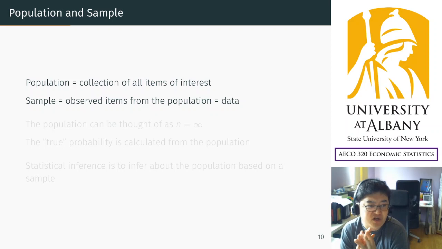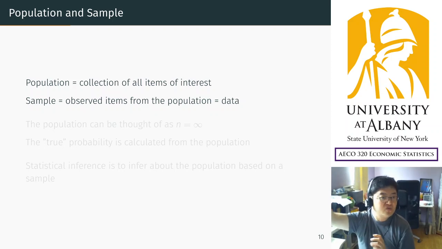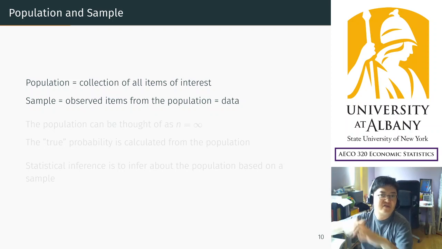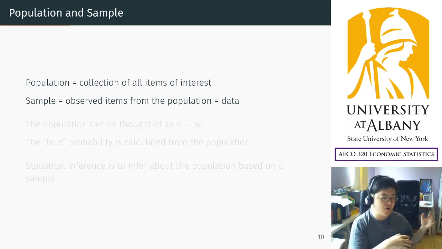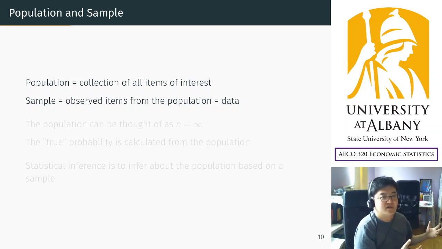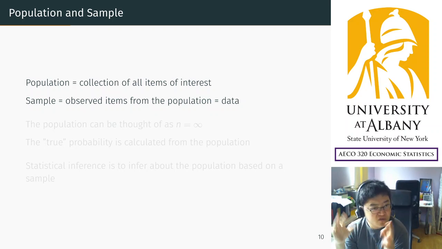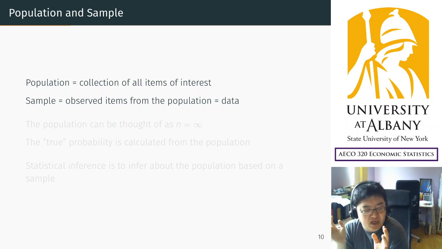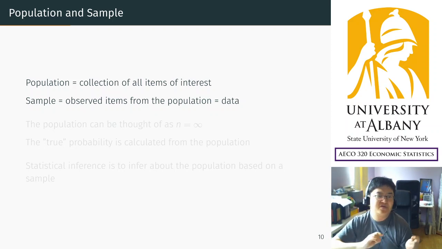You have to distinguish the true probability, the unknown truth, and our observations. In statistics, the truth is called the population. It is the collection of all items of interest. Like in a coin toss, the population is an infinite number of results.